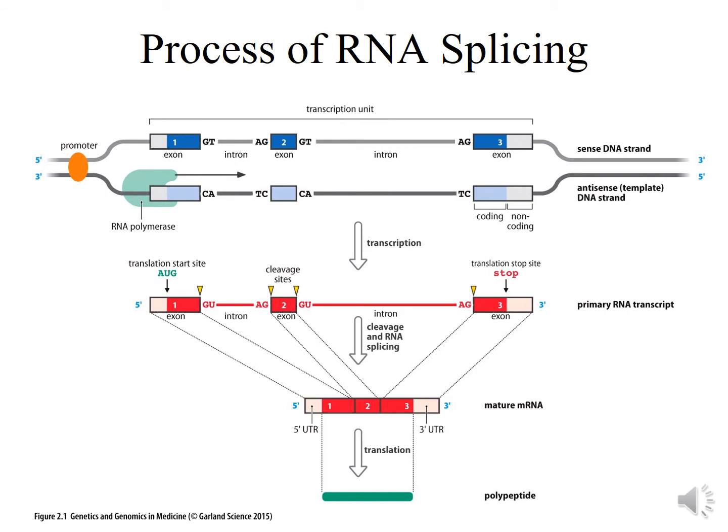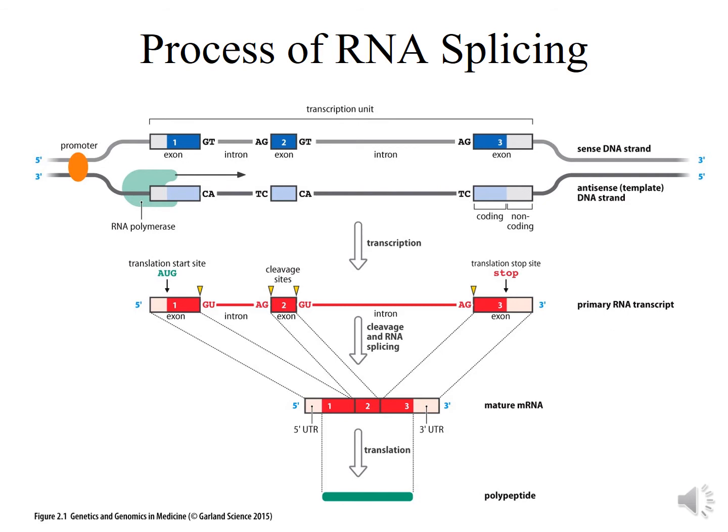The central exon, exon 2, is composed entirely of coding DNA, but exons 1 and 3 have non-coding sequences that will eventually be used to make untranslated sequences in the mRNA.